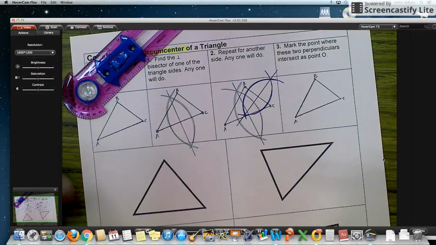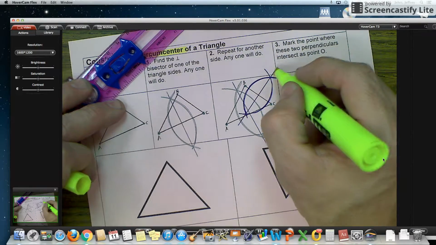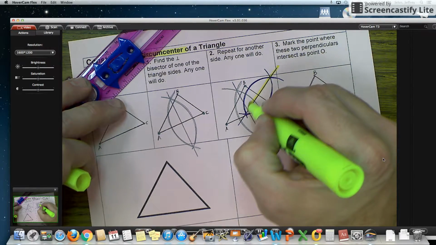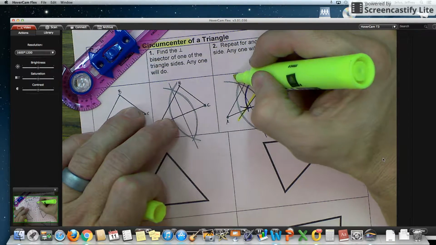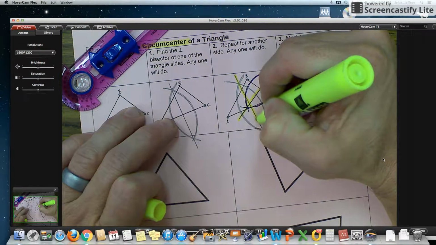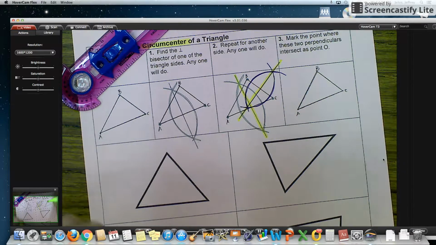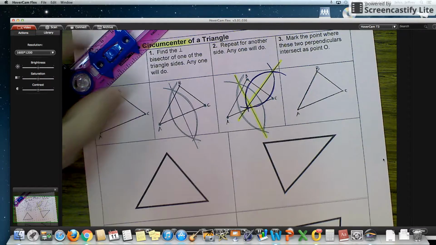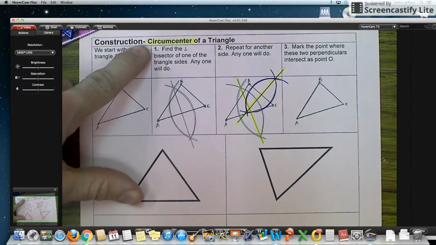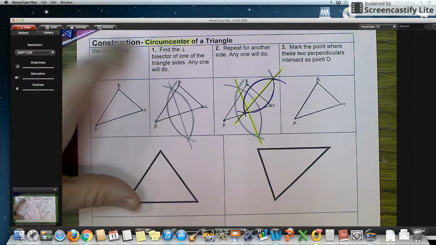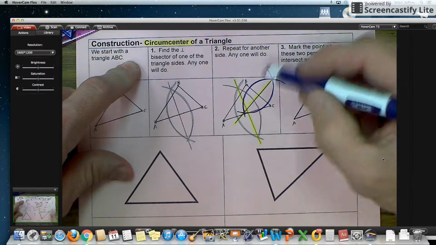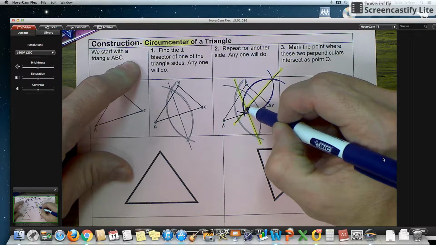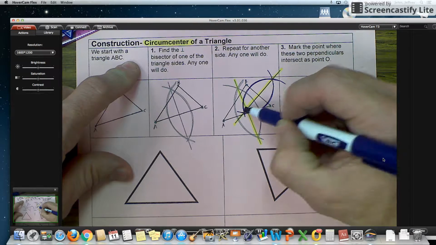So we have a lot of lines going on, a lot of arcs. It's getting a little bit confusing. I'm going to highlight my perpendicular bisector that I just did, and I'm going to highlight the first perpendicular bisector. The reason why I'm highlighting the two perpendicular bisectors is because the circumcenter is the point where the two perpendicular bisectors intersect.